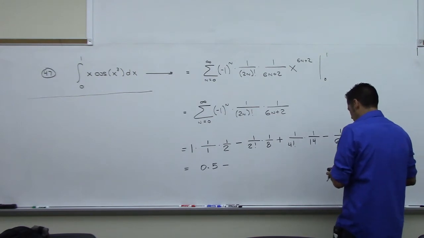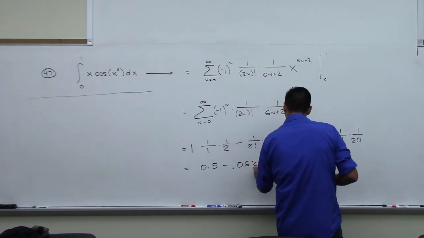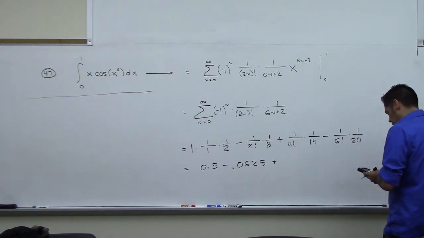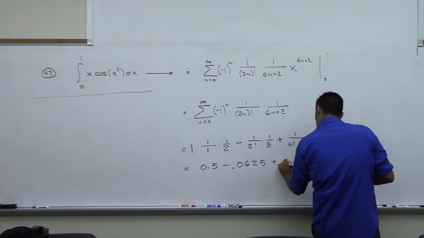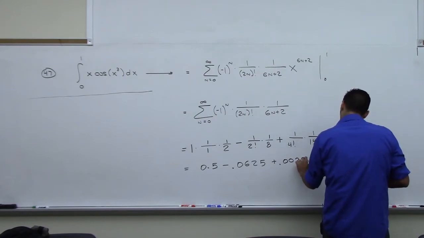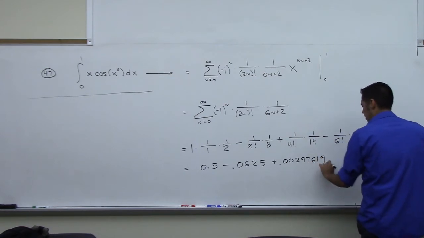So 0.0625, and then plus here I've got to do 1 over 4 factorial, and then times 1/14, and I'm getting 0.002976. Okay, that's good enough.